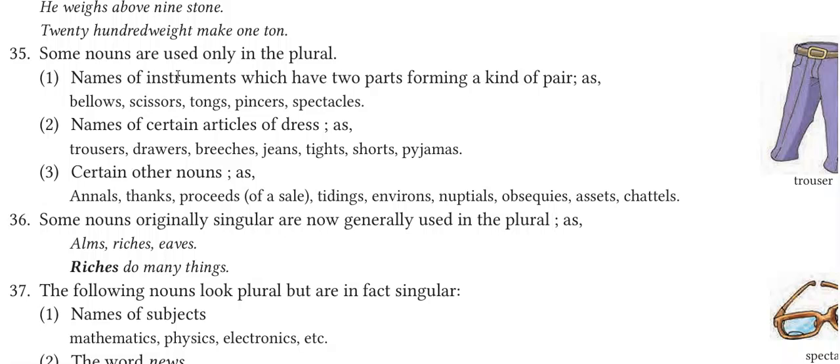For example, names of instruments which have two parts forming a kind of pair: bellows, scissors, tongs, pincers, spectacles. Then names of certain articles of dress, for example trousers, drawers, breeches, jeans, tights, shorts, pajamas.